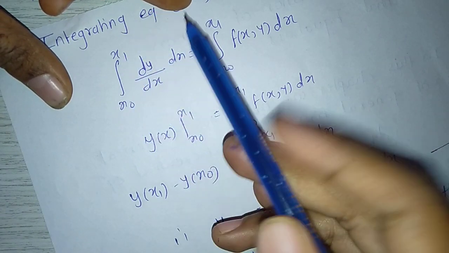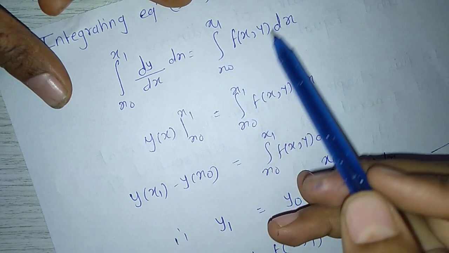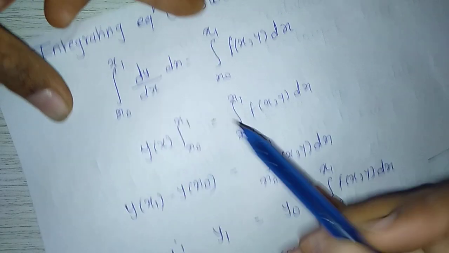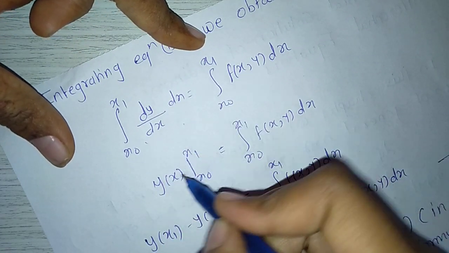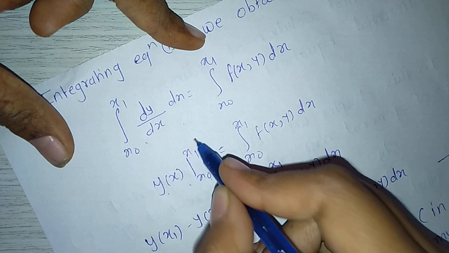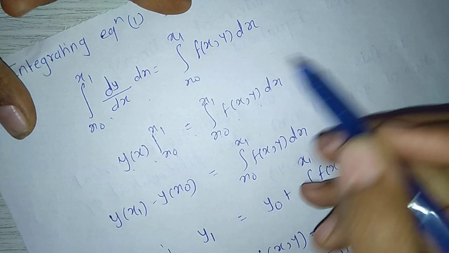Integration x0 to x1 dy by dx equal to integration x0 to x1 f of x, y dx. Y of x, integration of dy by dx equal to y of x, and limit of x is x0 to x1, equal to integration x0 to x1 f of x, y dx.